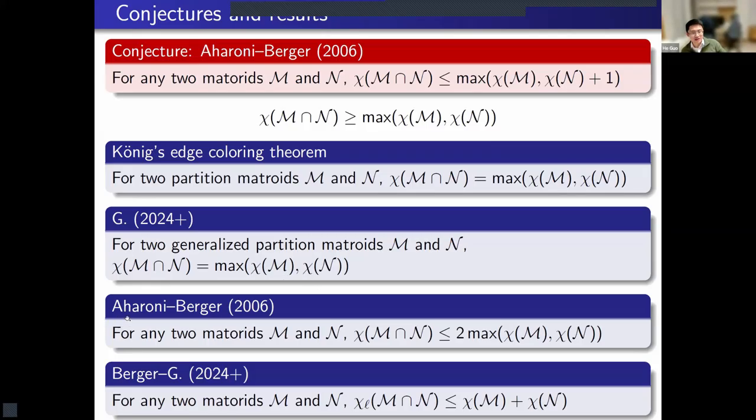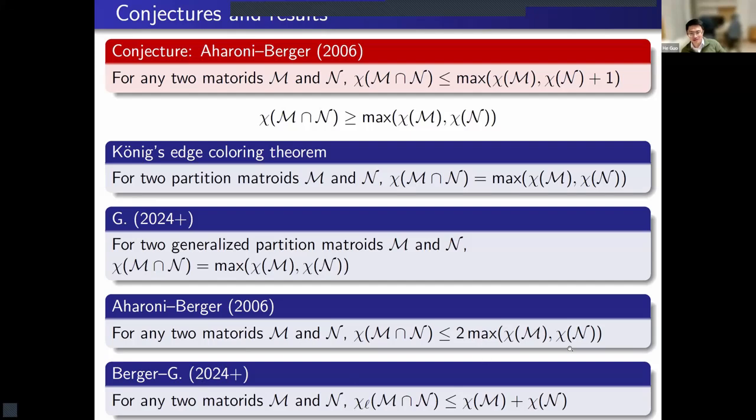Another result about the Aharoni and Berger conjecture is that if you have two arbitrary matroids M and N, then the chromatic number of their intersection is at most twice the maximum of each of them.